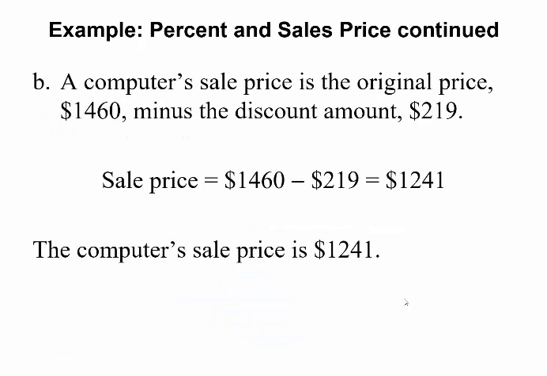To find the computer's sale price, you take the original price, $1,460, and subtract away that discount amount. So the sale price is $1,460 minus $219. This computer is on sale for $1,241. Still a pretty expensive computer.